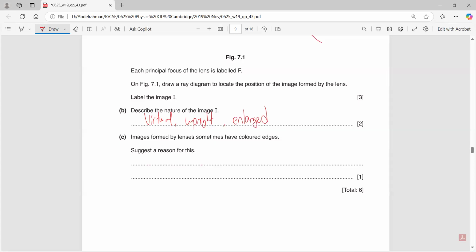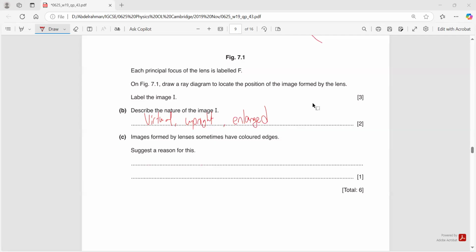If you think about it, these colored edges might be formed due to the refraction of light. When light passes through a prism, it might disperse, and different colors will refract at different angles, right?